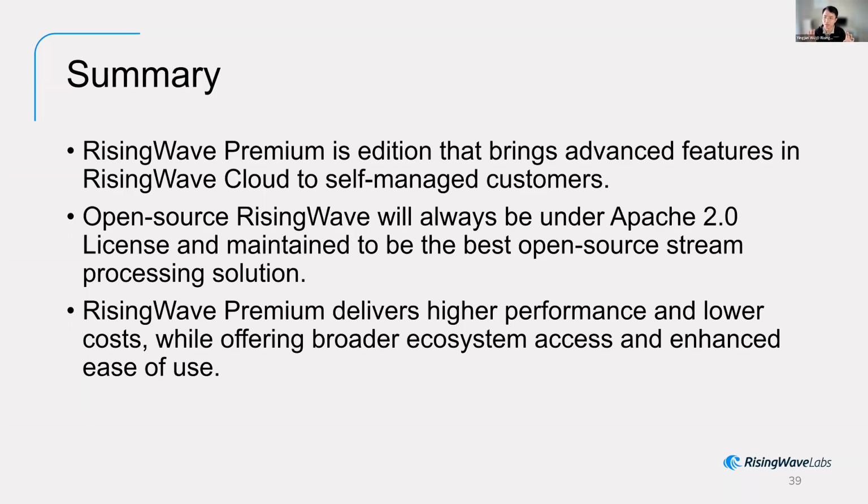You can just use the RisingWave open source version. But RisingWave Premium Edition delivers even higher performance and lower cost, even compared to open source RisingWave, while offering broader ecosystem access, such as integrations with commercial software, and enhanced ease of use.